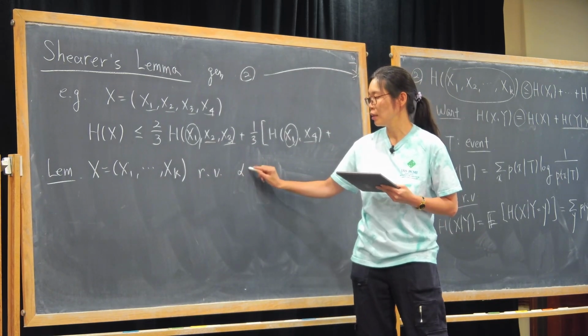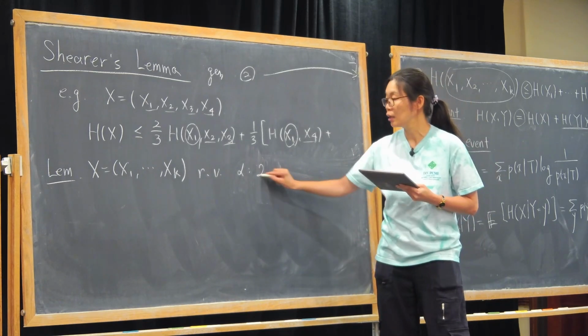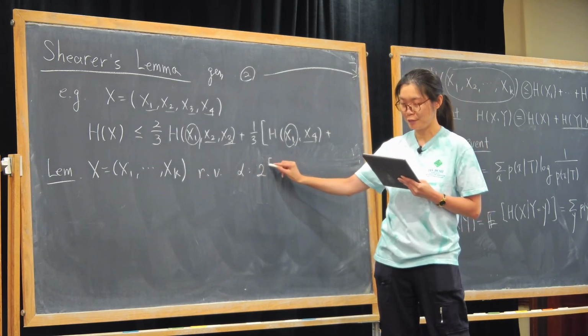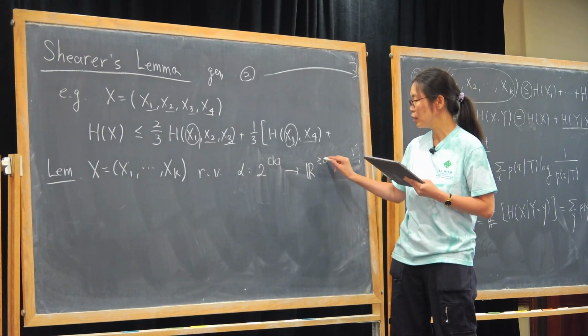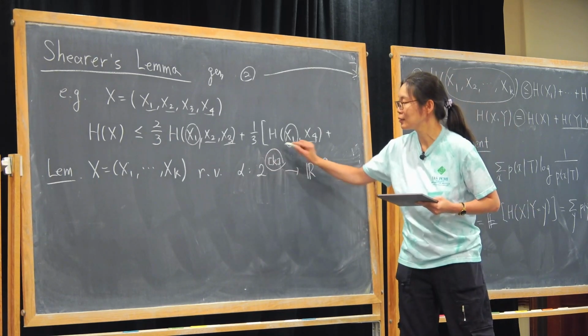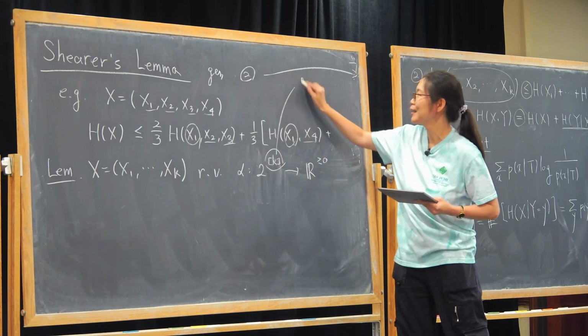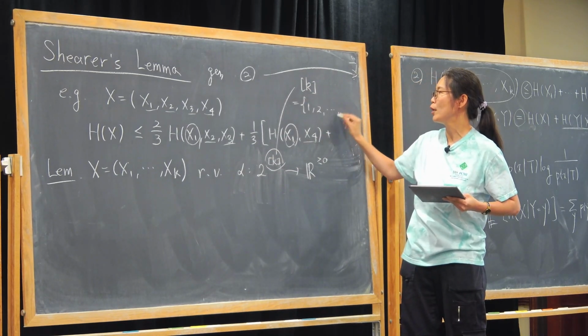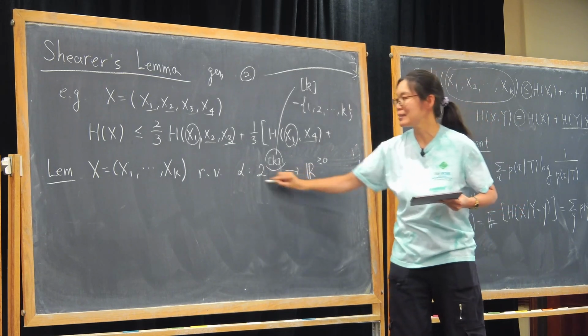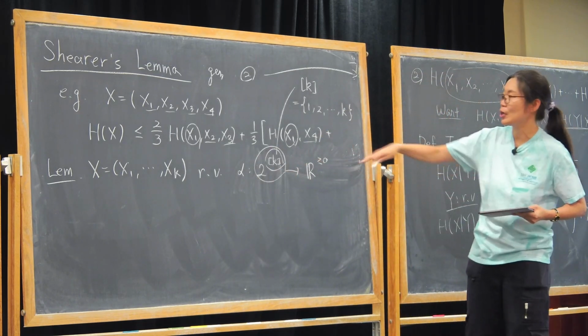And let's say we are given a weight function alpha defined from the power set of k to R. So what is this? Notation: k is the set of integers from 1 up to k, and the power set is the collection of subsets of this set.